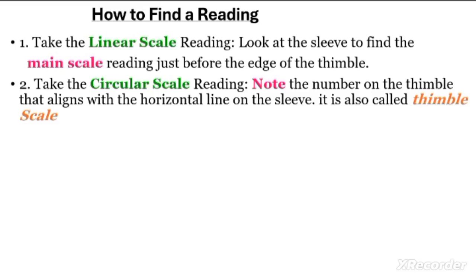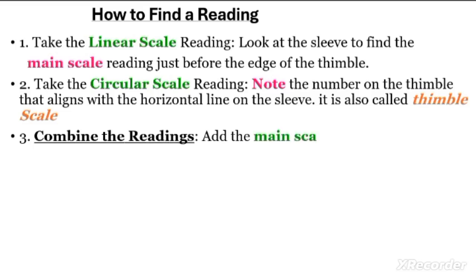On the thimble scale, we are not just taking any number, we are looking for the number that coincides with the line coming from the linear scale or main scale. So the circular scale is also called the thimble scale.